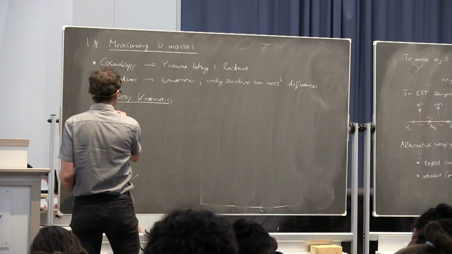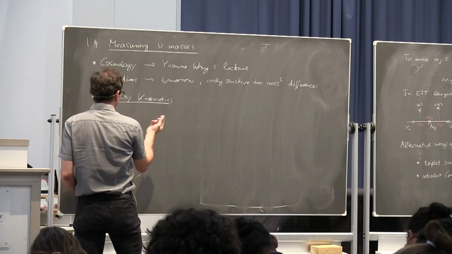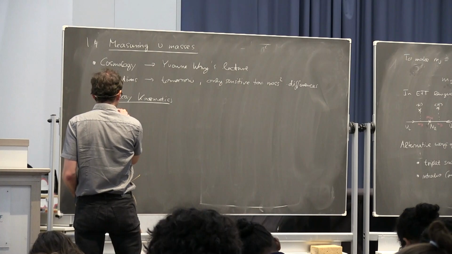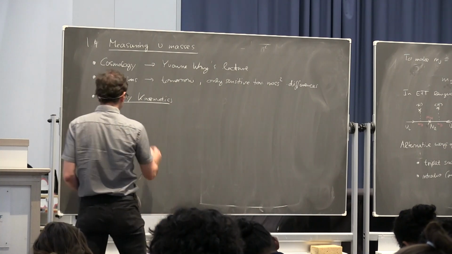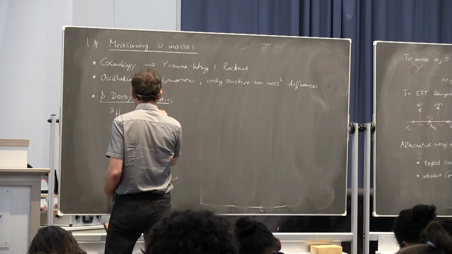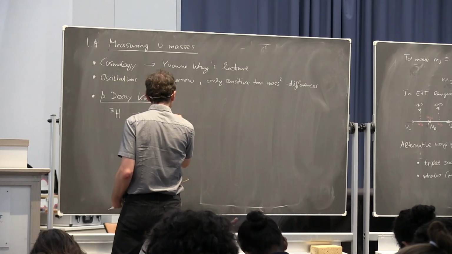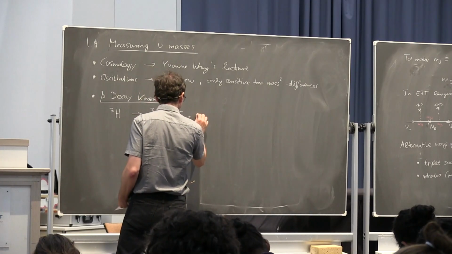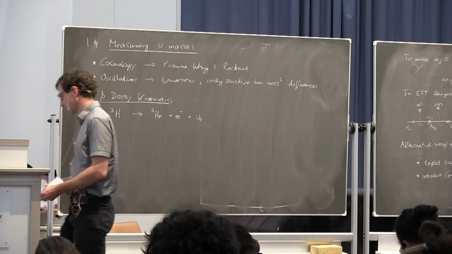So an example is the beta decay of tritium. Consider the beta decay of tritium to helium-3 plus an electron plus an electron neutrino.